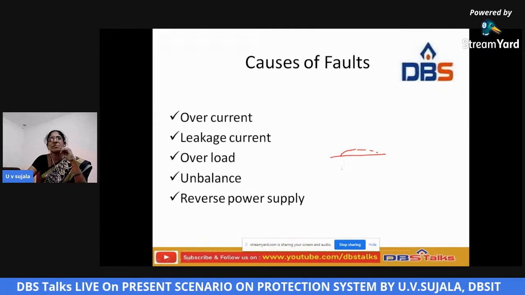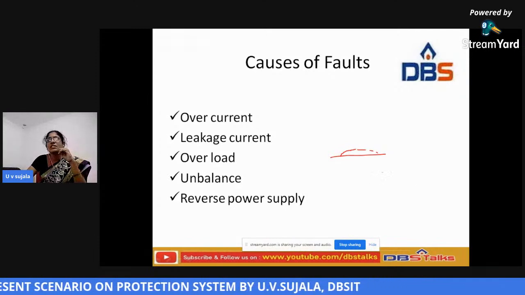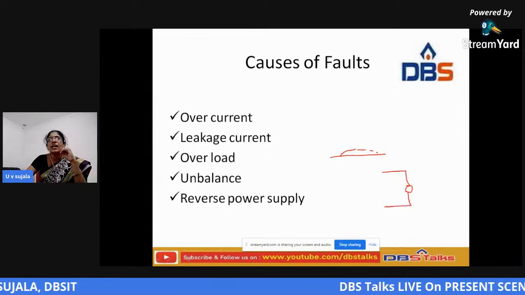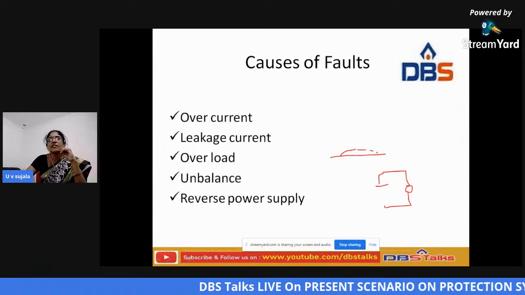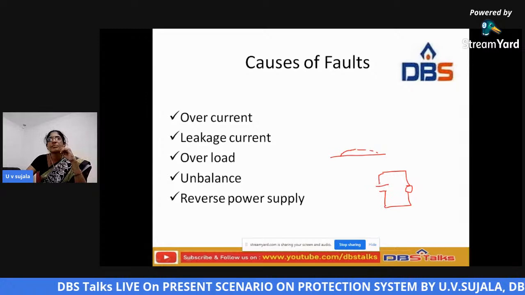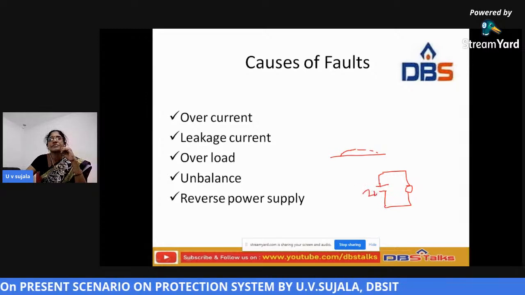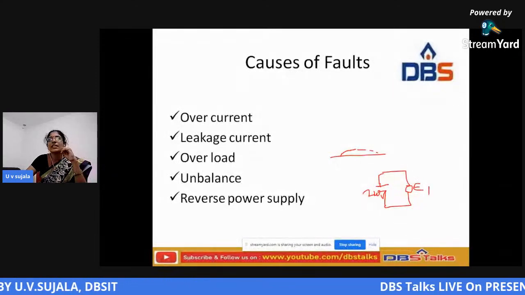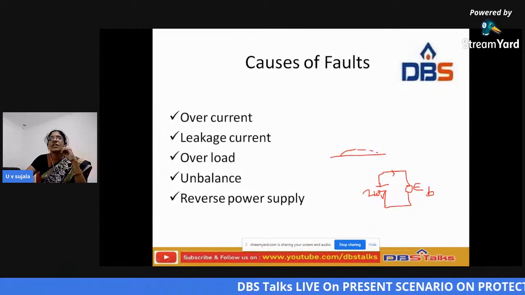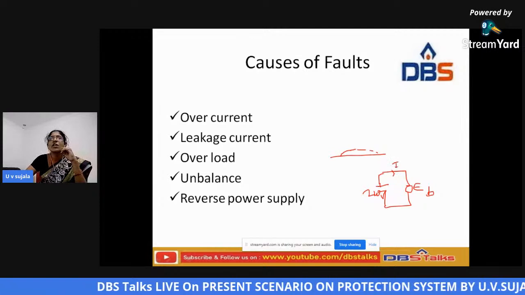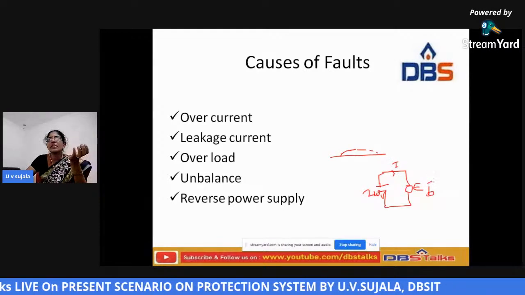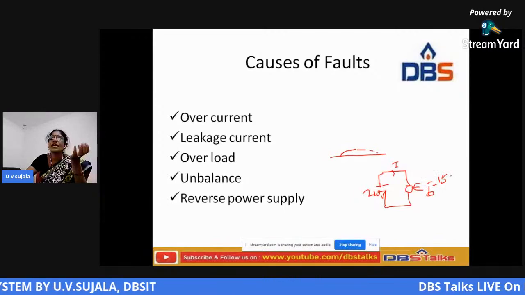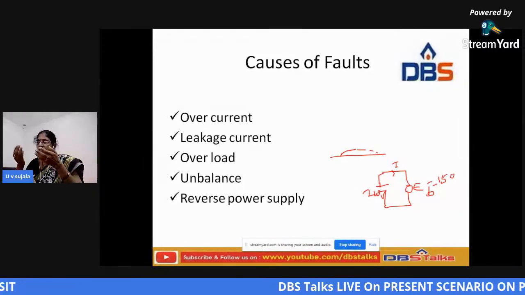Then what is the reverse supply? Suppose we have taken one motor, and the supply voltage will be some 220 volts. There is a back EMF in the motor, and the current will be flowing, some I. Suppose EB is 150 volts or 215 volts.